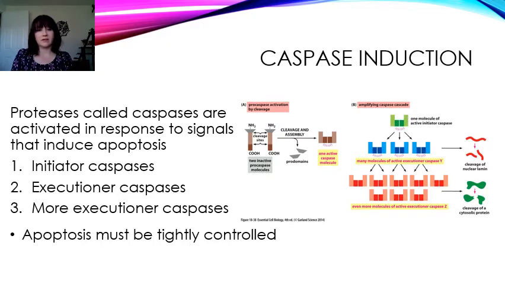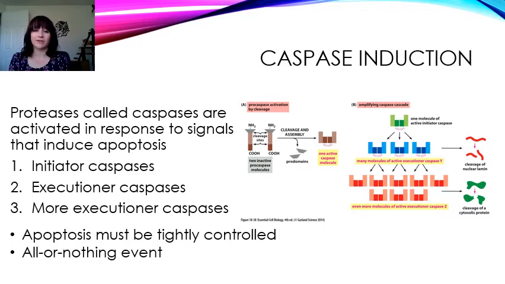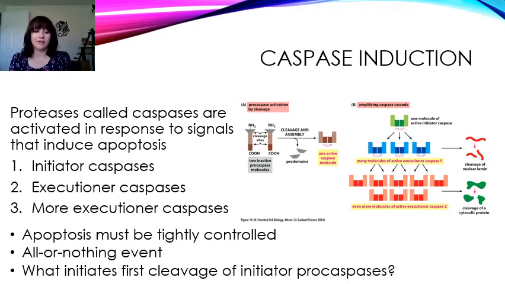Now, as you can guess, since you can't really revive cells once they're dead yet, apoptosis must be very tightly controlled. And so there are layers of regulation around apoptosis. So what starts this cascade?